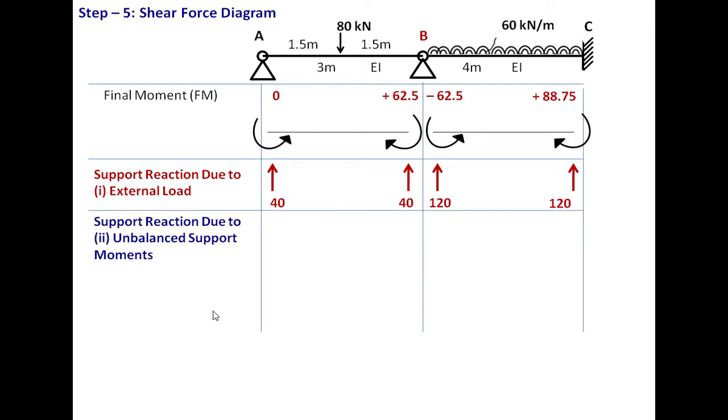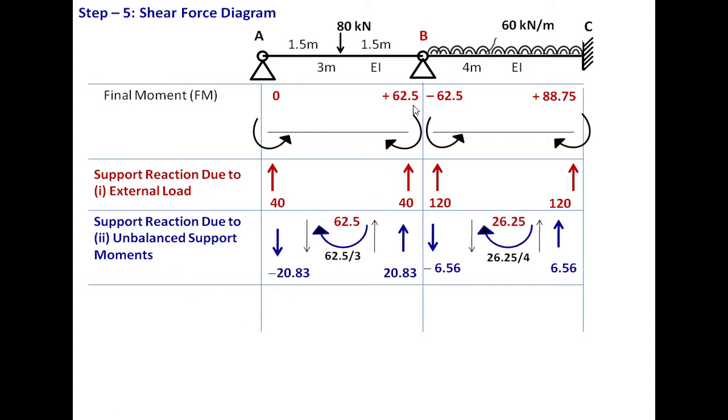Now we will find the reaction due to the unbalanced support moments. Here there is a moment of 62.5 which is clockwise, and here it is 0. So in this AB member, the net moment is a clockwise moment of 62.5 which is unbalanced, and we know from mechanics that a couple is balanced by another couple in the opposite direction.